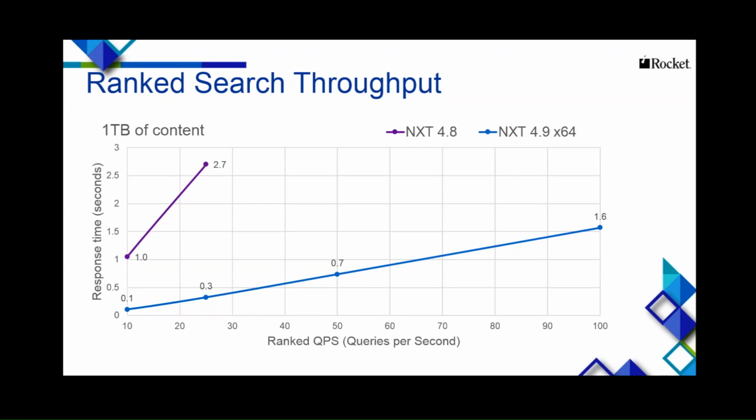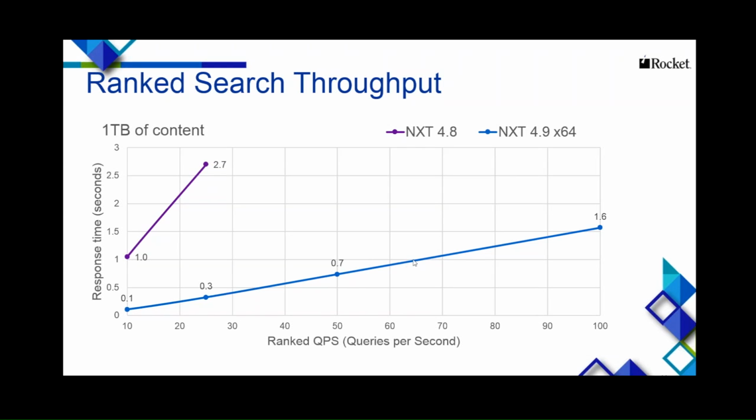With NXT 4.9, you can see the blue line. We can do about 65 queries per second with a response time of 1 second or less.